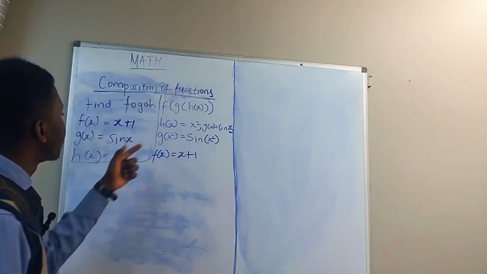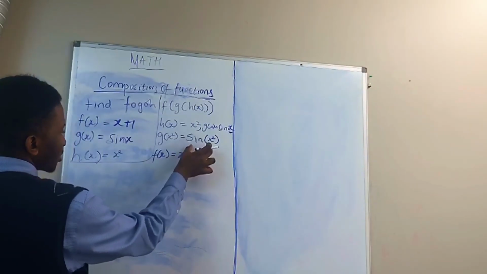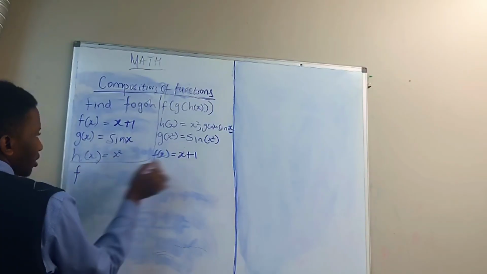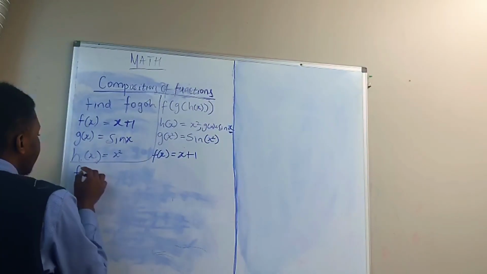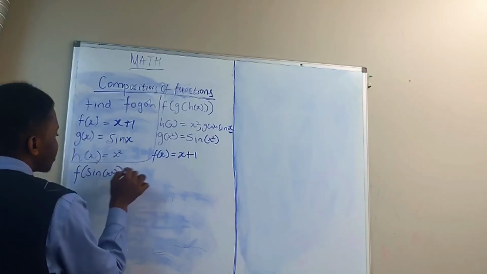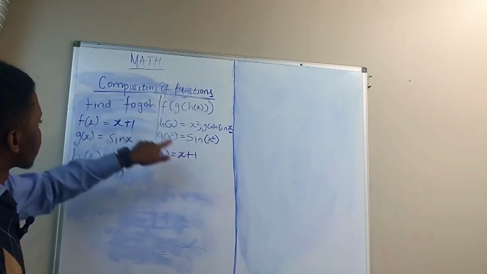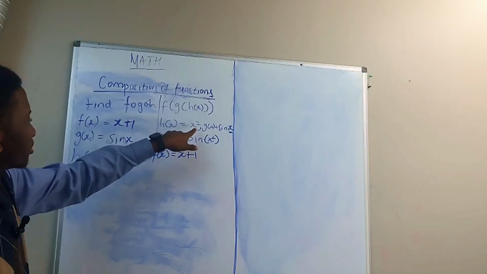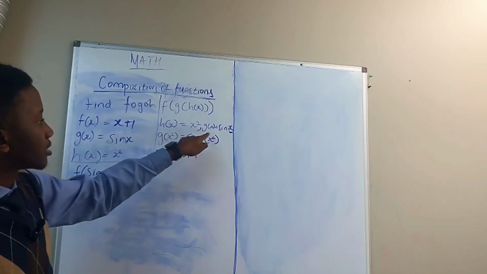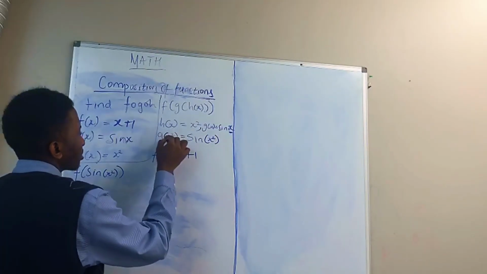So f of g of h of x can be written as f of sine x squared. Because this is g of h of x: we had h of x, and so g of h of x is g of this. Just plug this into our function, and we have that.